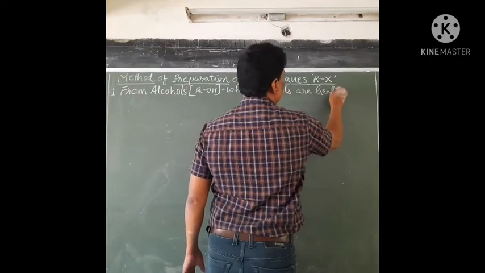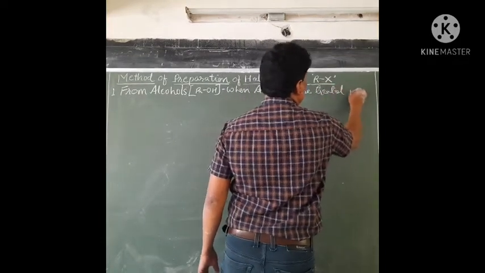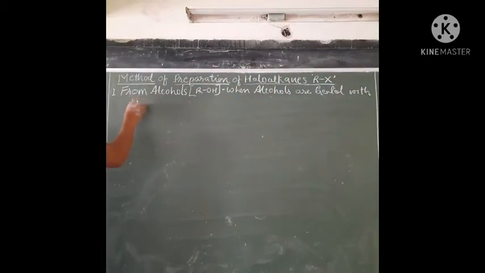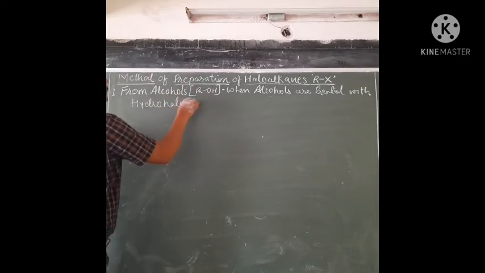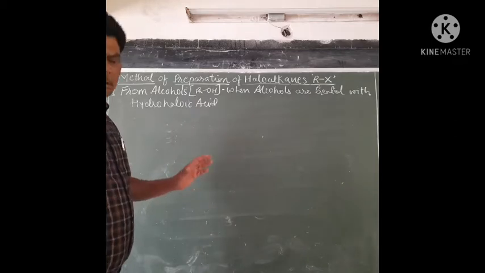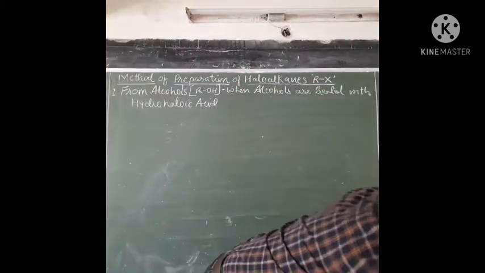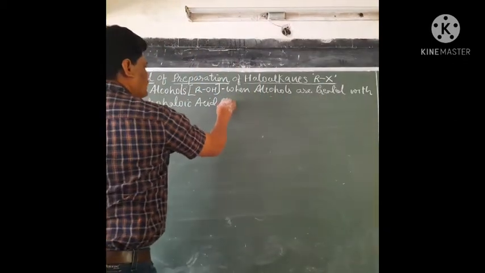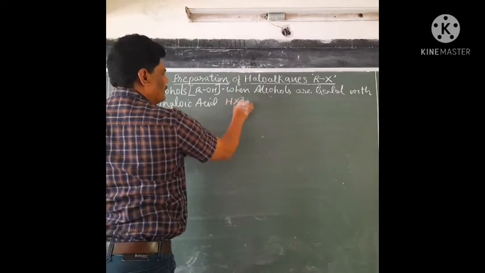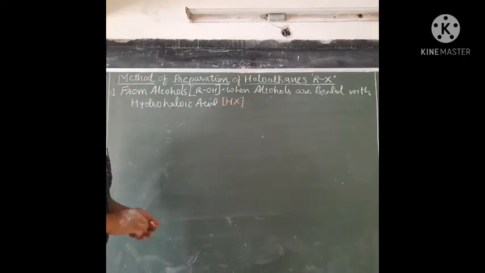Therefore, I am writing that alcohols are treated with hydrohalic acid. Hydrohalic acid means H and a halogen, that is X. This is called hydrohalic acid.